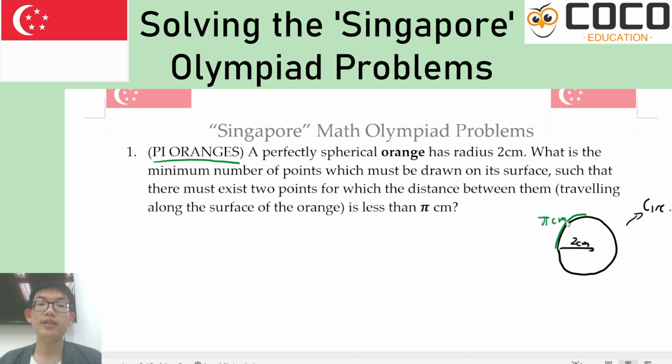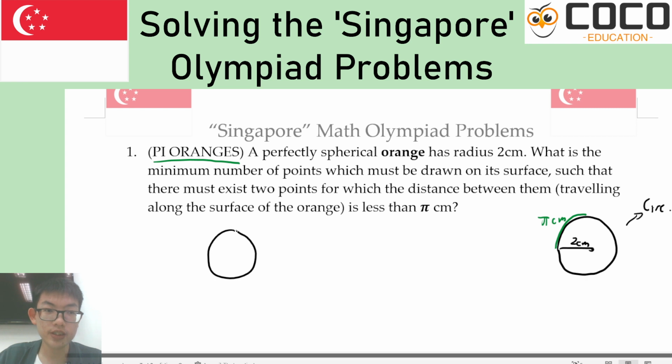With that in mind, we can ask ourselves, what would be the most that I can squeeze in without less than pi centimeters between any 2 points? I believe this is fairly intuitive actually. If we were to just draw a sphere, which I am not very good at drawing, but let me try.